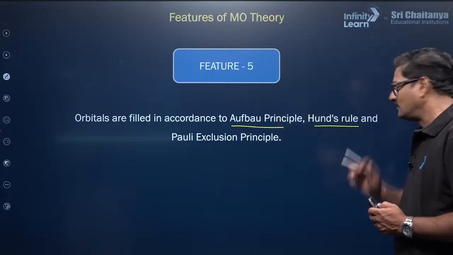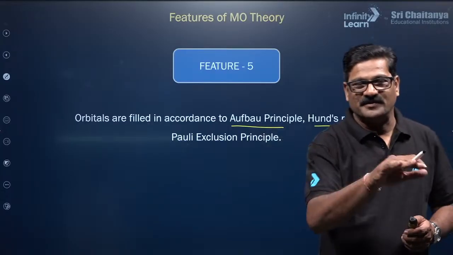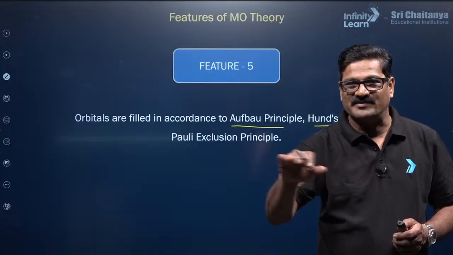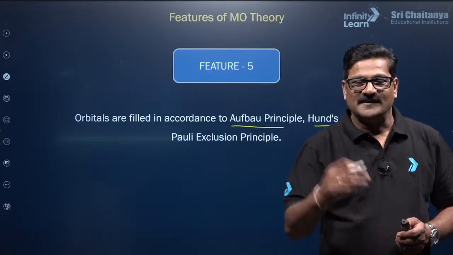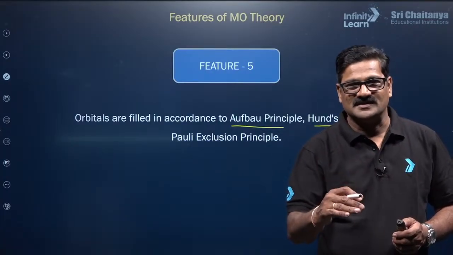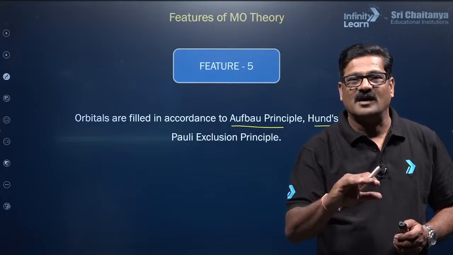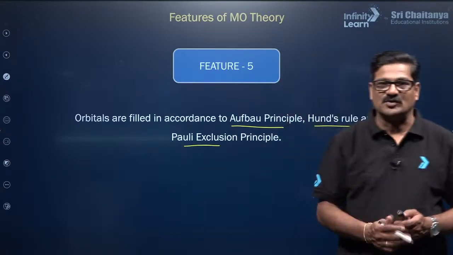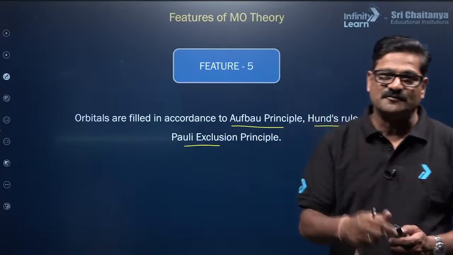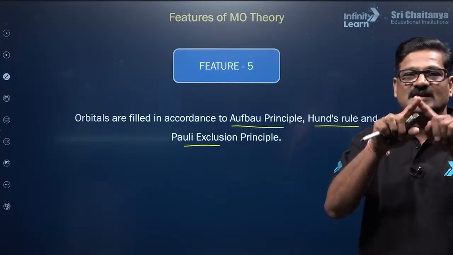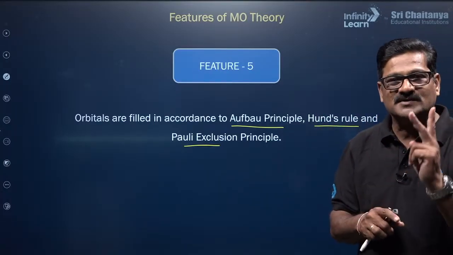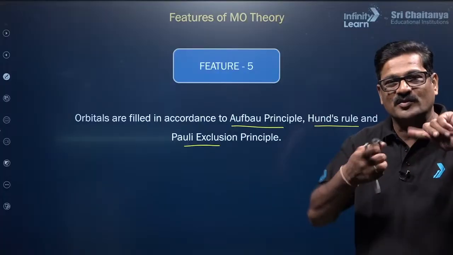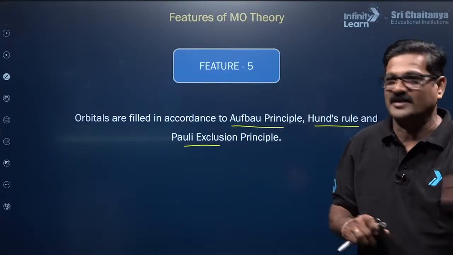And Hund's rule: while filling degenerate orbitals, that is, orbitals of the same energy, pairing cannot take place unless the orbitals are half filled with parallel spin. And Pauli's exclusion principle: no two electrons can have the same set of 4 quantum numbers. So I mean to say, in an orbital, a maximum of 2 electrons with opposite spin are permitted, right?